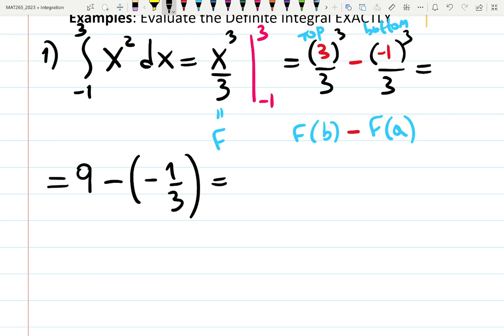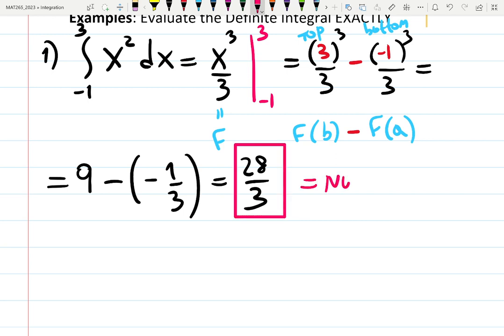Be careful with that. And the answer is 9 plus 1/3. 27/3 plus 1/3 is 28/3. Good job. Good job, Julia. I just did it with my hand and then compared, and it's correct. Very nice. And as you can see, it's a number. No plus C.